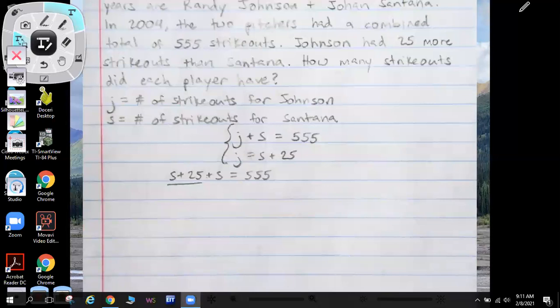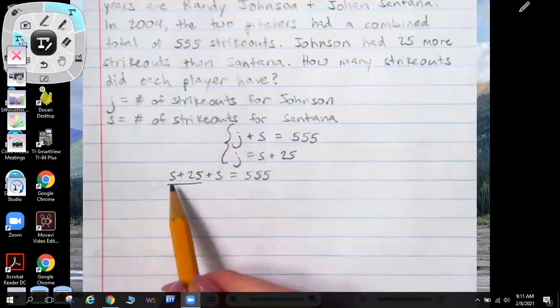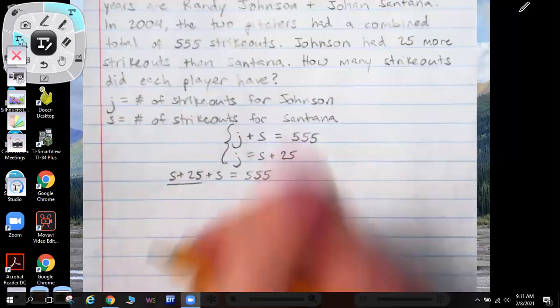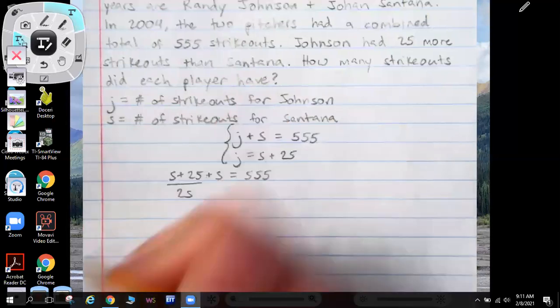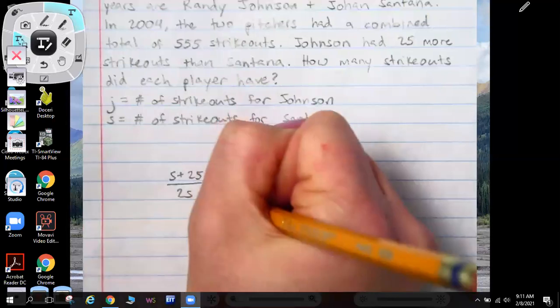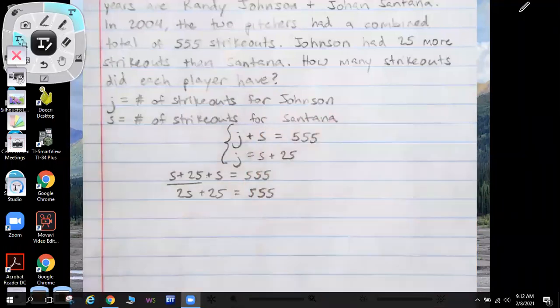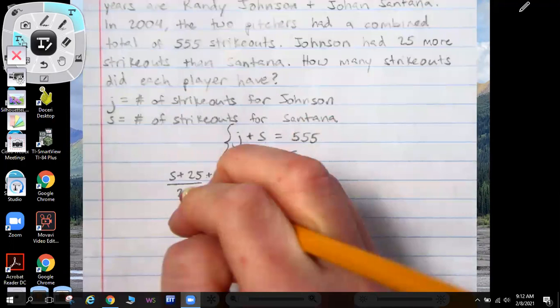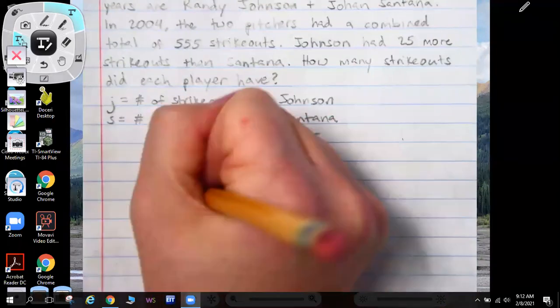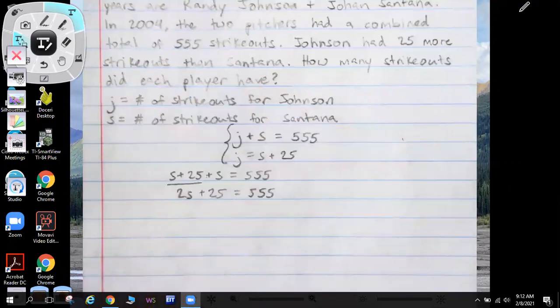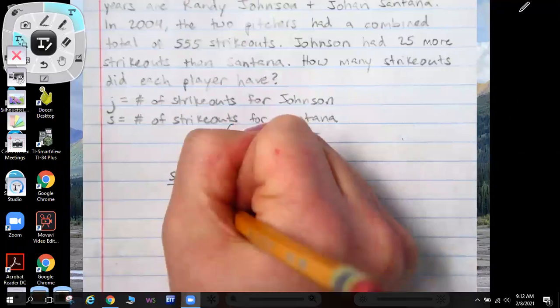Now I have an equation that only has S, so I should be able to solve for S. I've got S plus S on the left side. We can combine those and say 2S plus 25 equals 555. Subtract 25 from both sides.